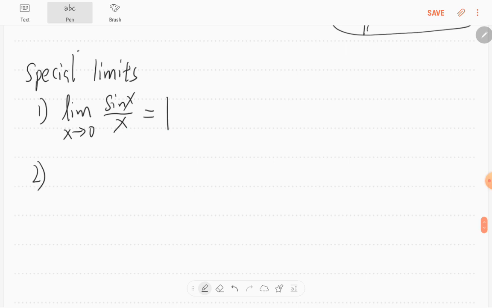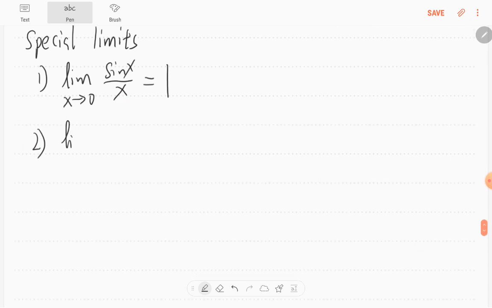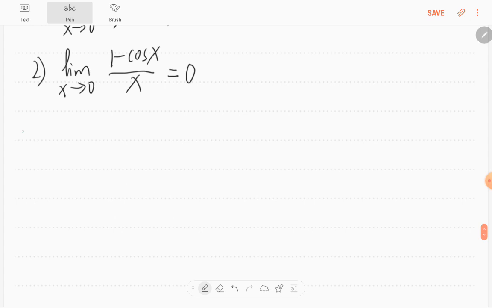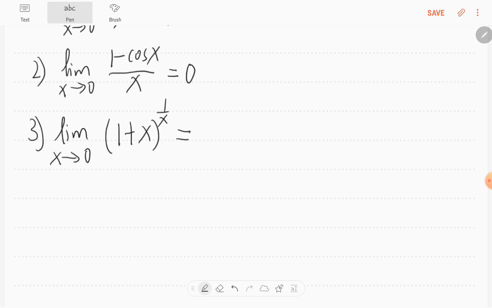The second one, the limit as x approaches 0 of (1 minus cosine x) over x equals 0. The third one is actually the definition of the constant e. Where does e come from? e is this one: 1 plus x, raised to the power 1 over x, as x approaches 0, which is e.